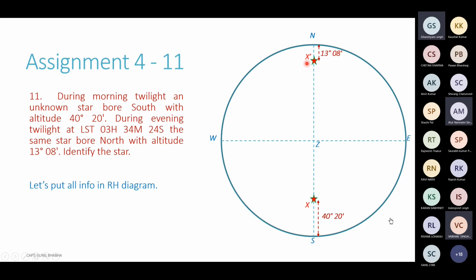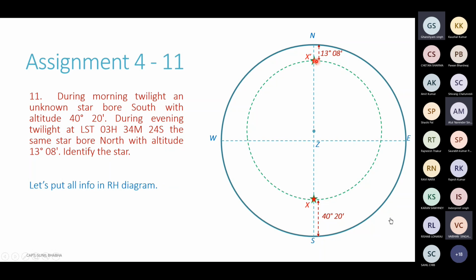The star always remains on its declination circle. And there is only one way a circle can be drawn passing through these two positions. The circle can be drawn in this particular way only. So this circle, passing through X and X dash, represents the declination circle of the star.